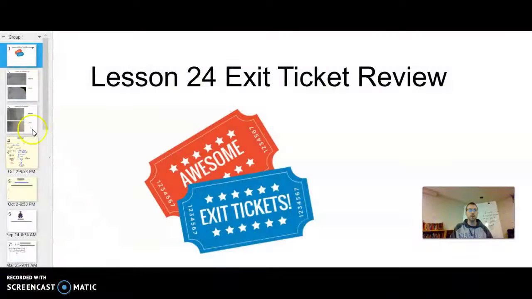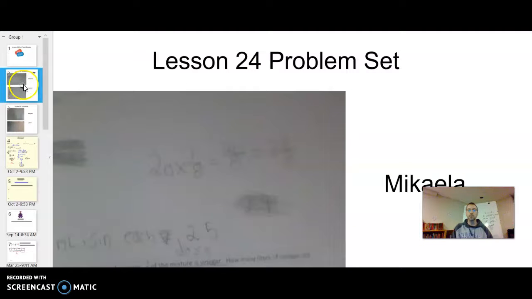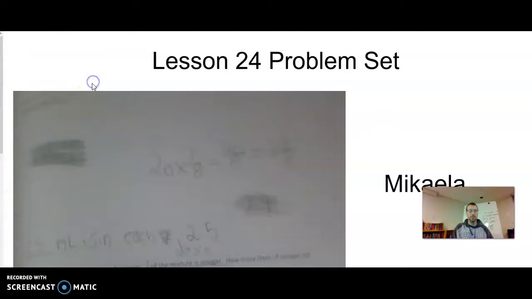So as we first start, we have Mikayla's. And I liked Mikayla's as we're trying to move through here. Okay. Doesn't want to scroll down for us. Maybe we can squeeze it in here.